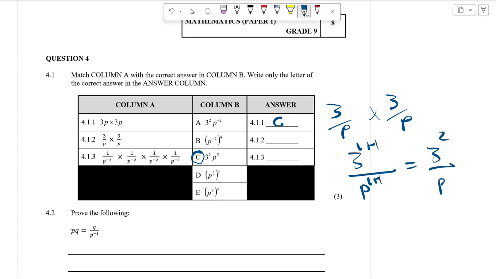P squared. Okay, and then what's going to happen on this one? So we'll say 3 squared. When we want to take p on top, what's going to happen? We are going to introduce negative here. So it will be p to the power of negative 2. Let's look for this part. Here it is. It's A. So my answer, A.